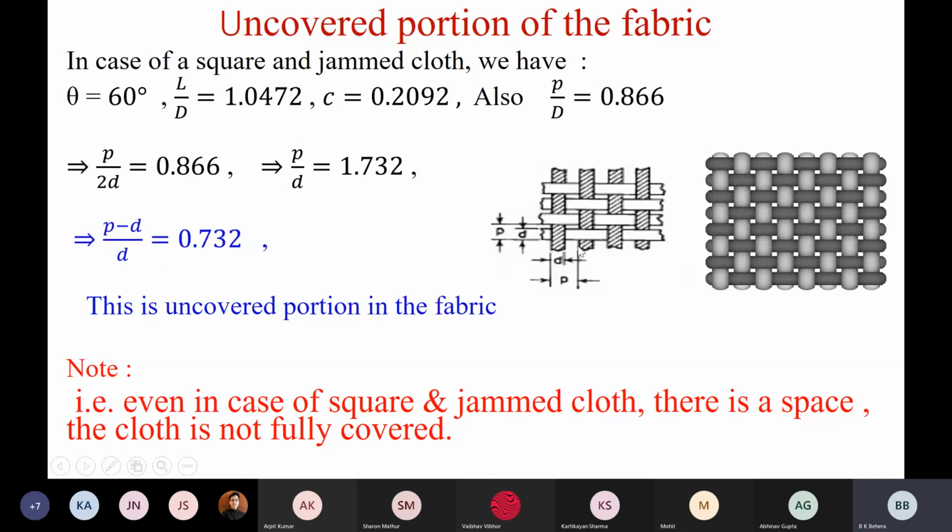That means per thread the total space is from here to here, but the actual space is only P minus D, this much. So what will be space per thread? This divided by the total space. So space per thread does not mean the empty space. Space means total space. Okay.